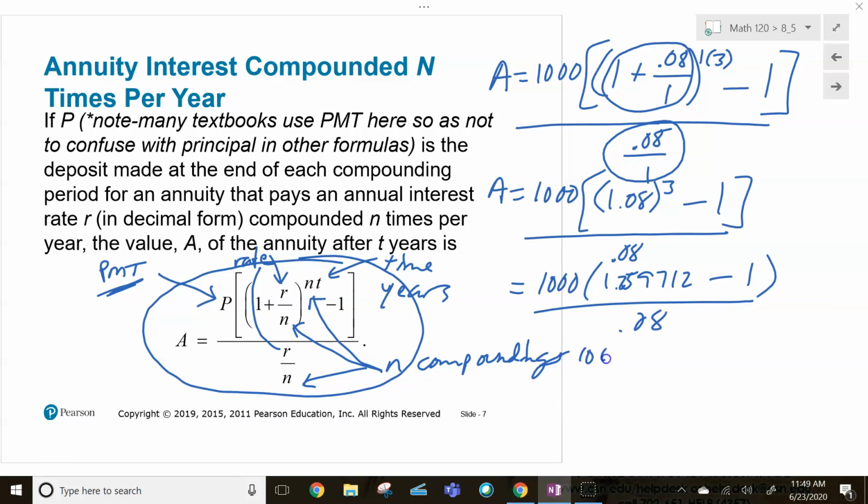So now I've got 1,000 times 0.259712. Again, don't round this. This keeps going. Don't round until the very end. So this is 259.712 divided by 0.08.